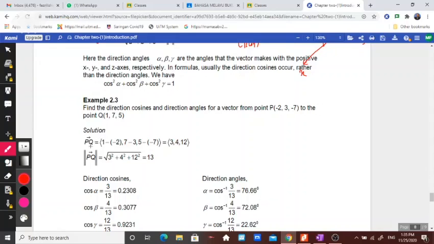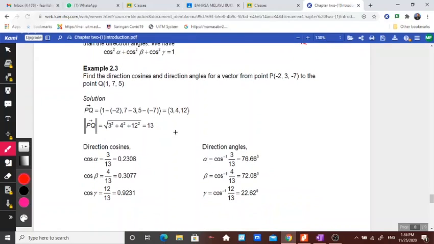Please remember that to find the vector PQ, we subtract P from the endpoint Q. So we have 1 minus negative 2, 7 minus 3, 5 minus negative 7. This is the vector PQ. Next, find the magnitude of vector PQ using the formula square root of 3 squared plus 4 squared plus 12 squared. The answer is 13.